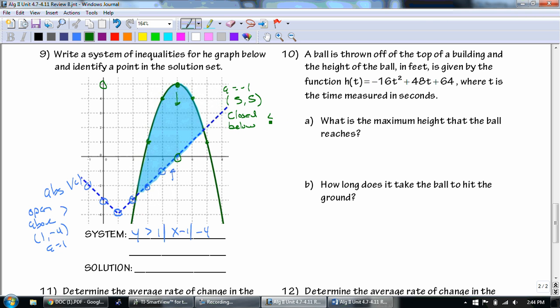So closed and below, there we go. So y is less than or equal to negative 2 parentheses x minus 5 squared plus 5. And then giving a point anywhere that's shaded, I'm just going to go right there, and that is the point 0, 2.